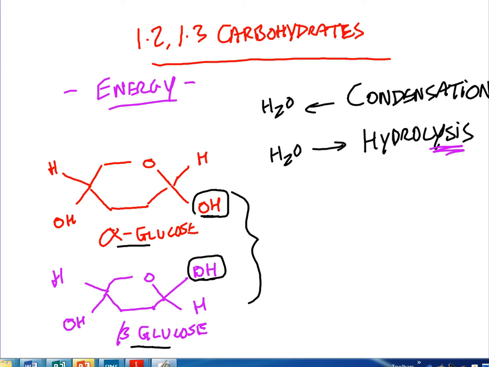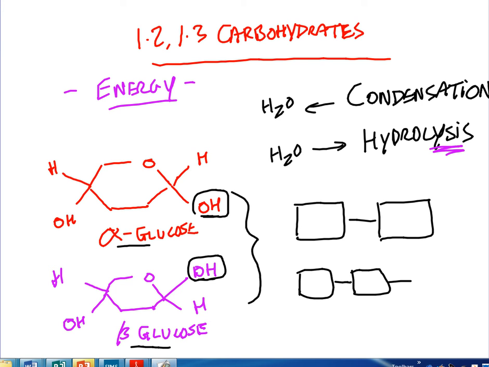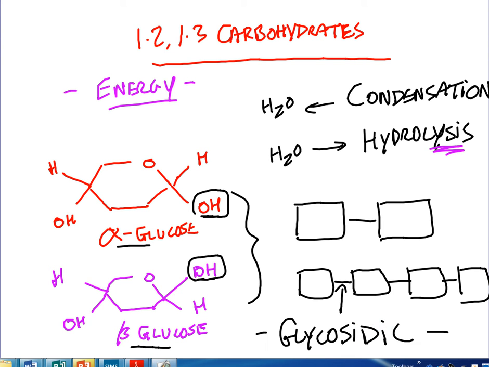When they join together, they form disaccharides, where we have 2 joined together. Then when these join together in multiple chains, we get polysaccharides, and they can be different lengths. The bonds that form between these carbohydrates we term glycosidic bonds, and that will be better explained in the polysaccharide video.